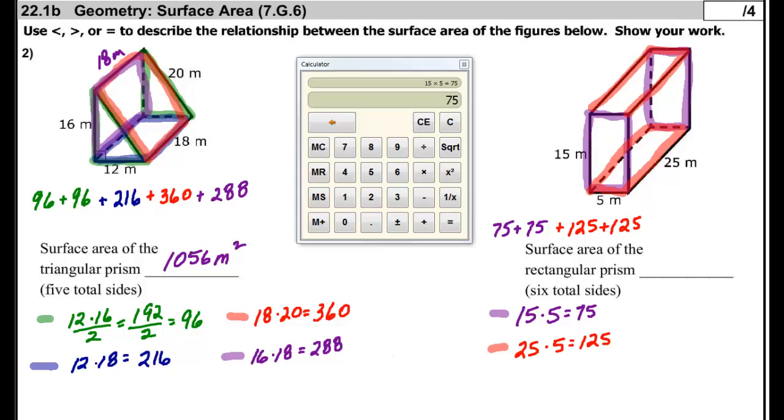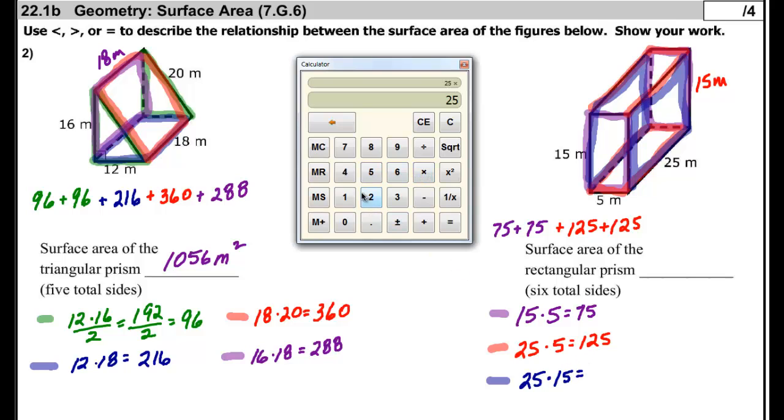And then finally, we are going to do the sides. So we have this side, and it's the same as that side. And for those sides, it's 25, and then we can see this is 15 tall. So we'll just put our 15 meters right there. So for our sides, we are going to have 25 times 15.